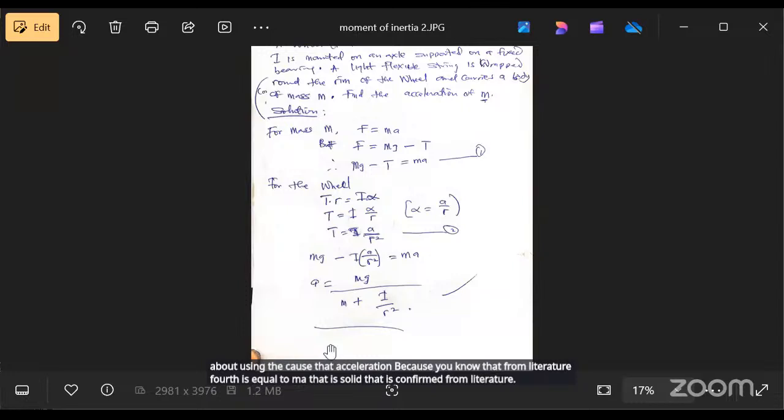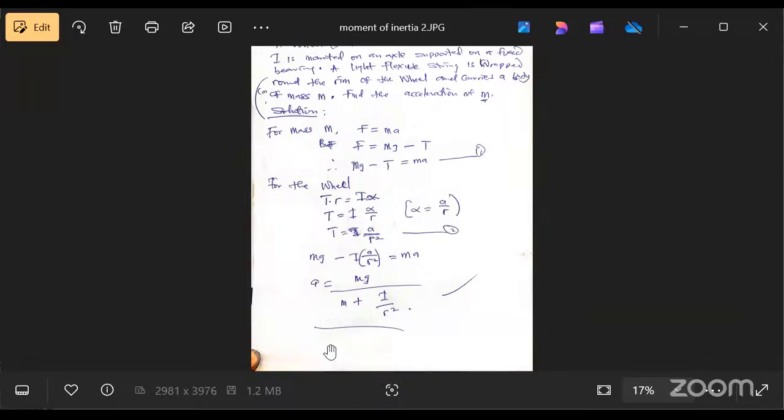If the body is on a table and you apply a force of 20 Newton, what is the acceleration of that body? You just say the force, 20 Newton, equals ma, and then you get your acceleration straight.